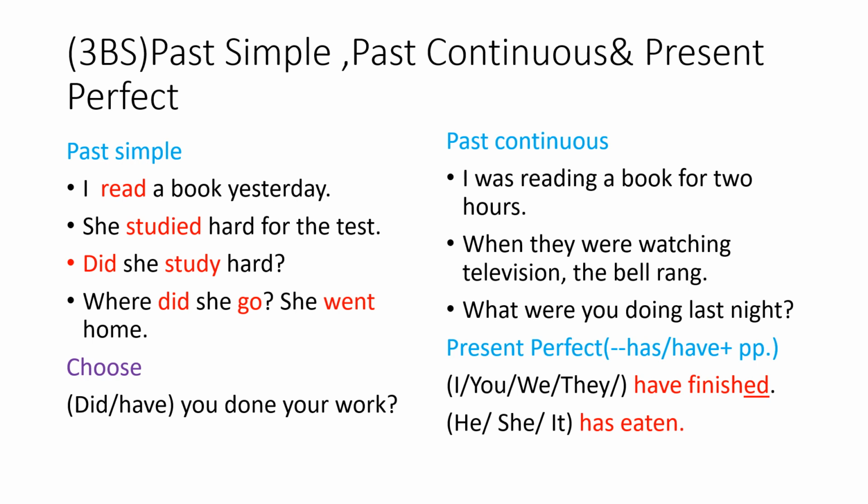So when you have verb to be in the past, when it comes before another verb, this verb should end in ing. I was reading, or I am reading, or he is reading, or she was reading.